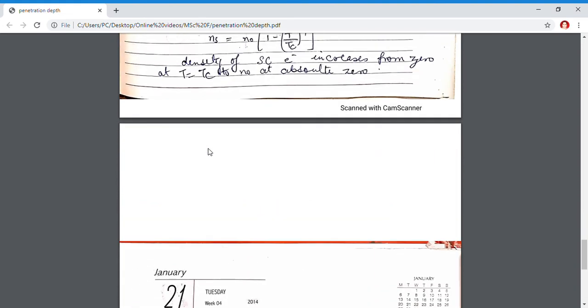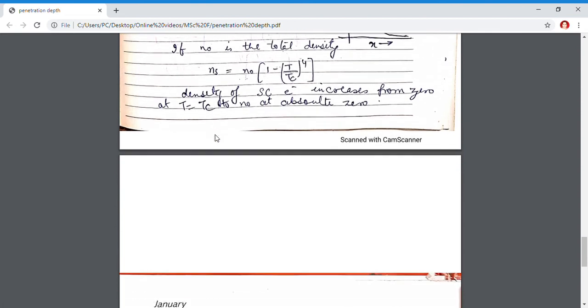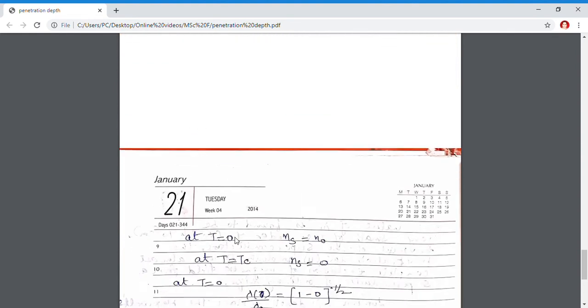Now these two expressions are used to find the values in two different temperature ranges. I am finding the value of concentration Ns at T equal to 0 and at T equal to Tc. Similarly, I am finding the London penetration depth at two values, T equal to 0 and T equal to Tc. At T equal to 0 Kelvin, putting T to be 0, Ns will be equal to N0.